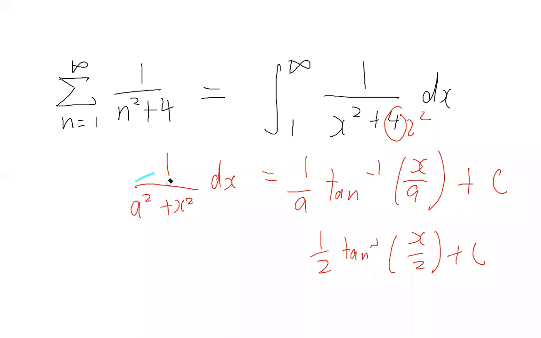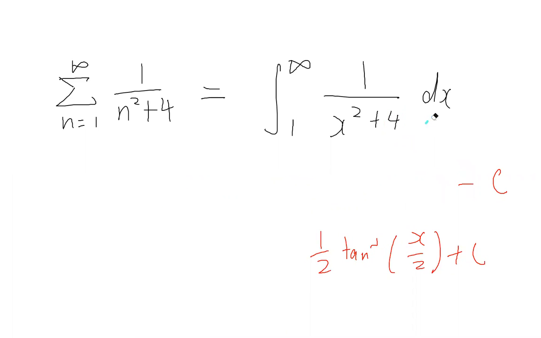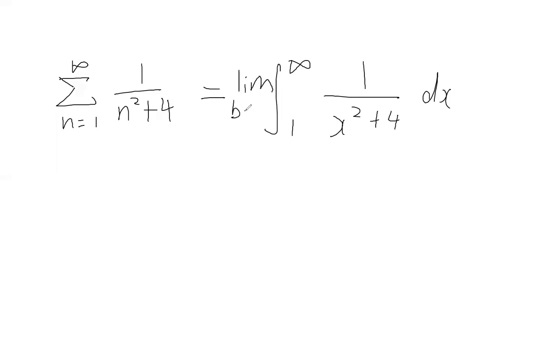So I'm going to write this down here. Before this, I'm going to change it into a limit. So I'm going to put limit here. I'm lazy, so I put b approaches infinity, and this is not infinity anymore, I say this is b. And I integrate this whole thing.